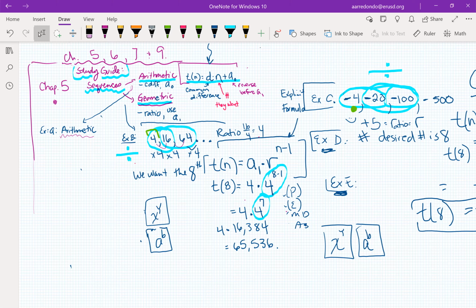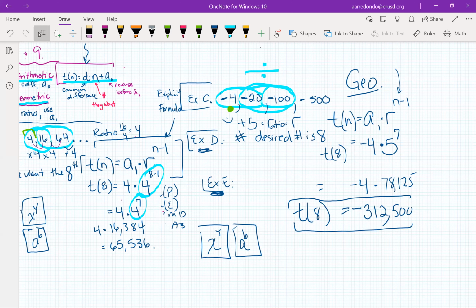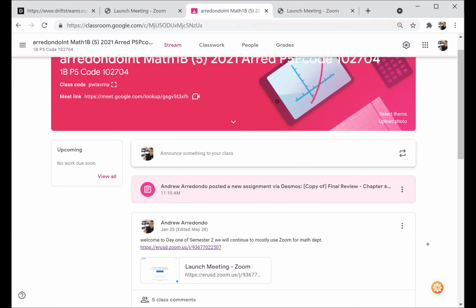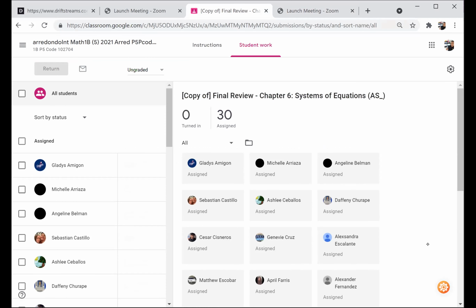Okay, so please check your Google Classroom. I have released your next assignment from Desmos. It says copy final review, chapter 6, systems of equations.